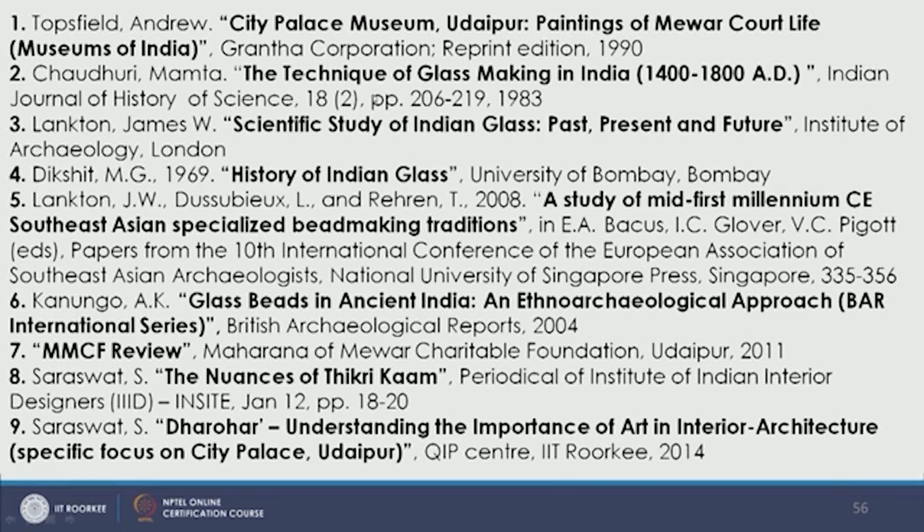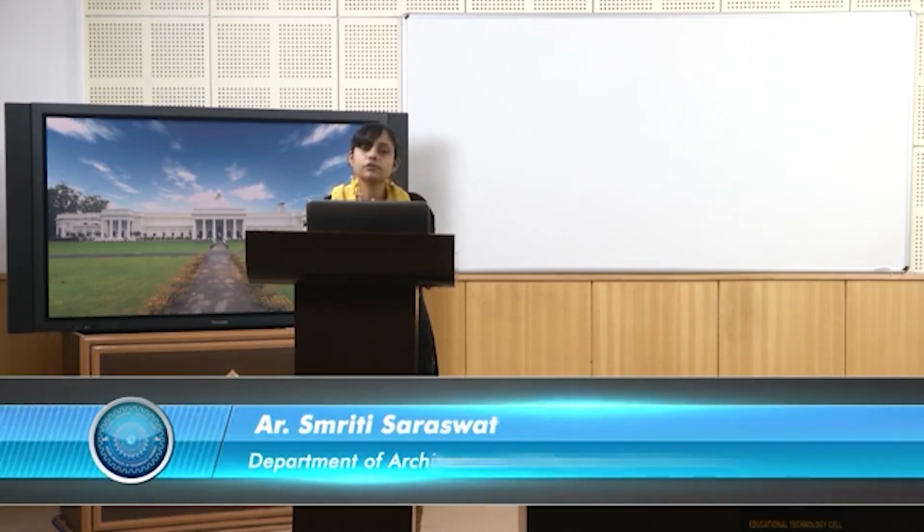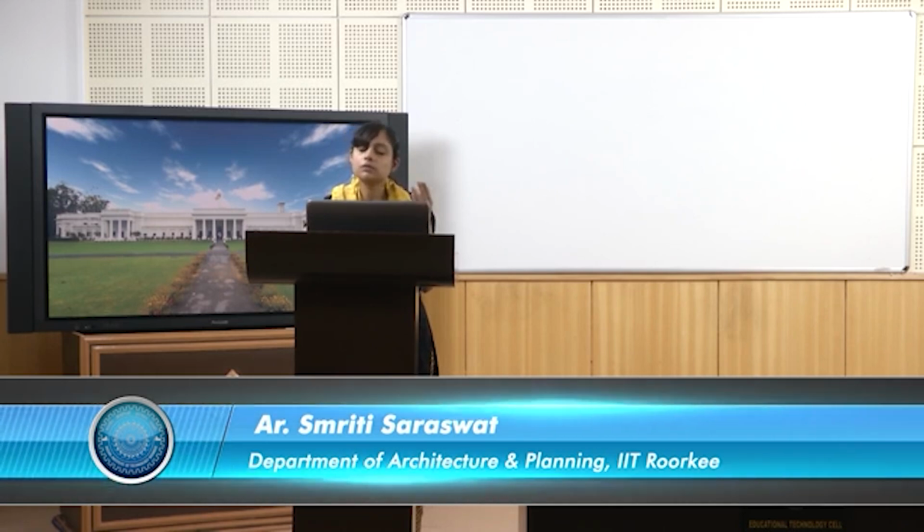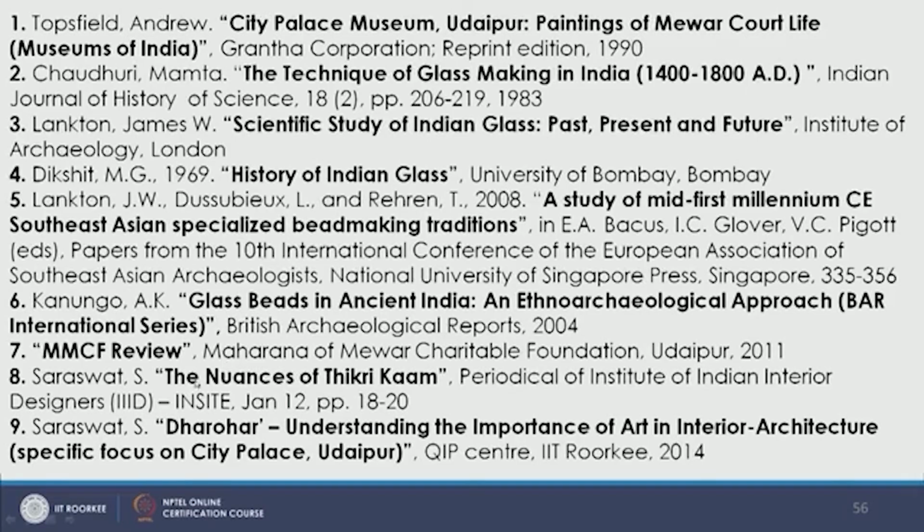Though we have not gone into the details of scientific study and the techniques, this was more of a visual repository, just to map and document the different kinds of techniques and space making crafts that we see. But in one of the modules when we talk about decoding systems, probably we will see a little detail about the system embedded within this craft of mirror work and glass work. Then nuances of thievery, and understanding the importance of art in interior architecture. So these are a few specific ones that are detailed out for this module.